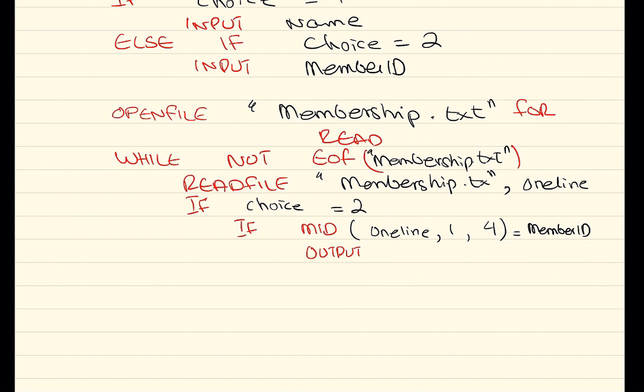Also we had to print name comma and this. We also need to output the email address of the person.